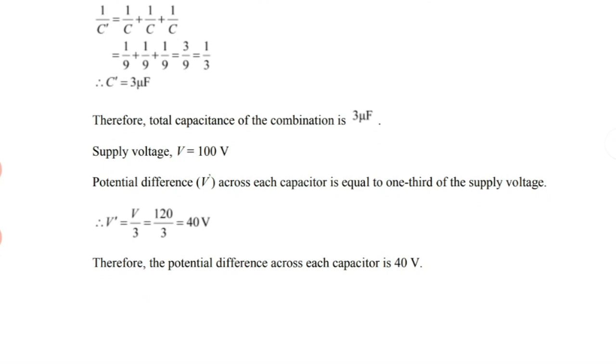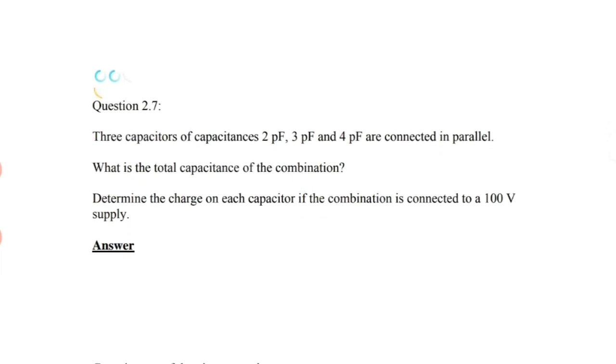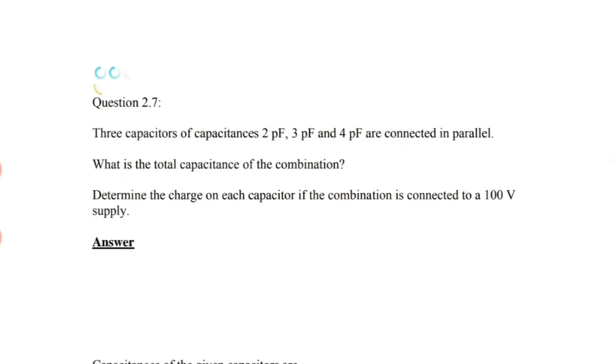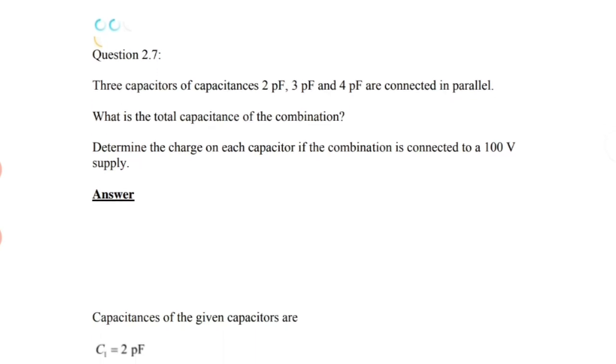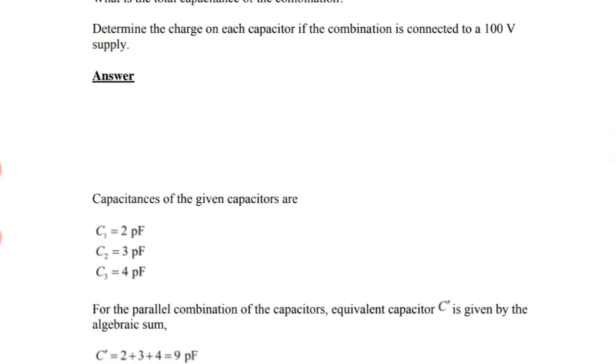Now coming to the next one, question 2.7. 3 capacitors, 2 picofarad, 3 picofarad and 4 picofarad, are connected in parallel. So what is the total? It will be 5 plus 4, 9 picofarad. Determine the charge on each capacitor if the combination is connected to a 100 volt supply.